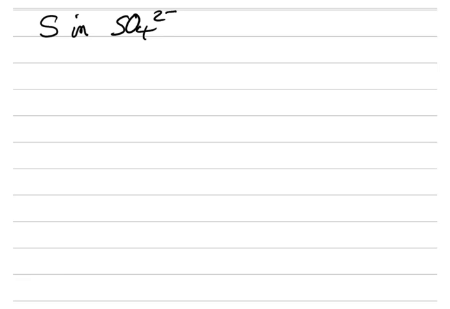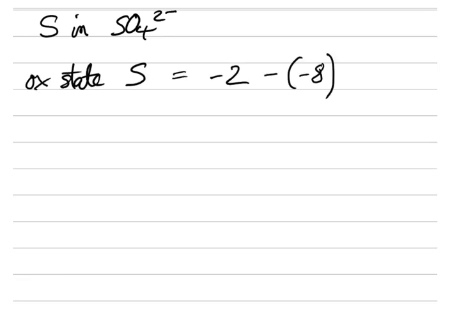The oxygen has the usual -2 oxidation state per atom. So that means that the oxidation state of sulfur must be -2, the overall oxidation state of the ion, minus the -8 of those 4 oxygens. And that means the oxidation state of sulfur in this ion is +6.